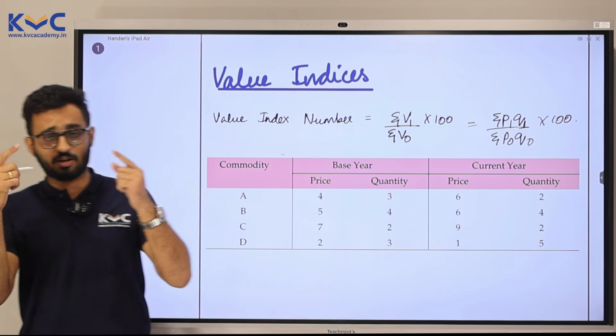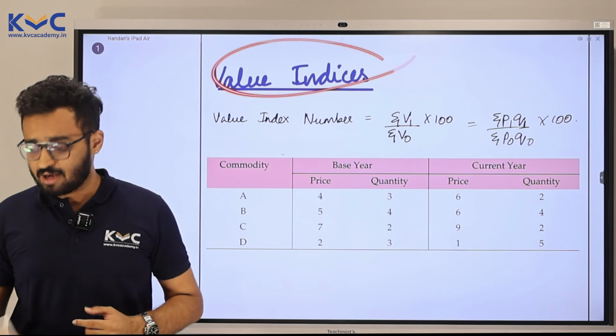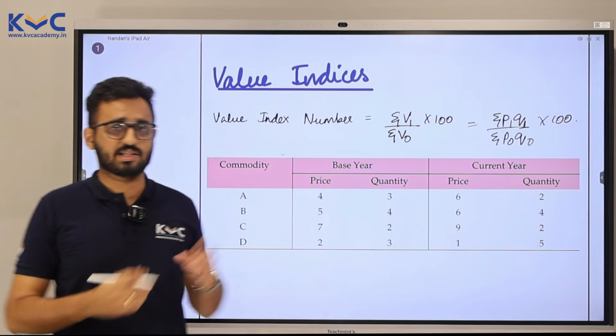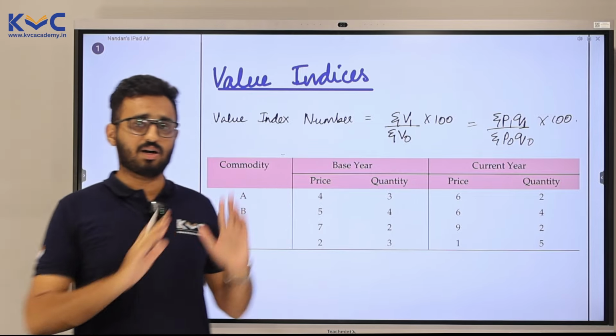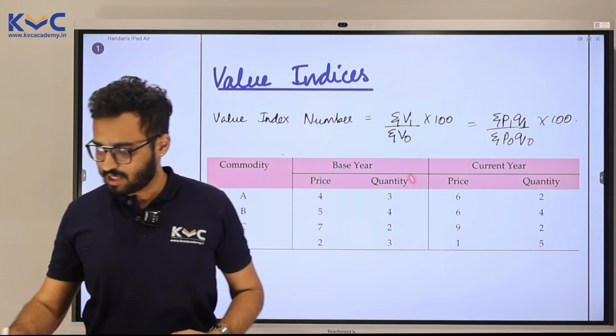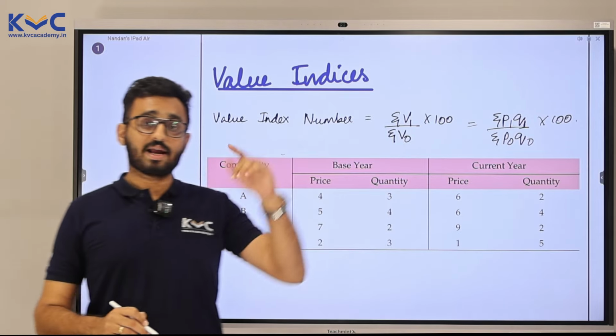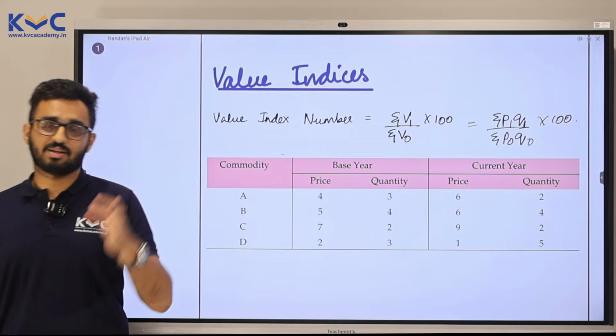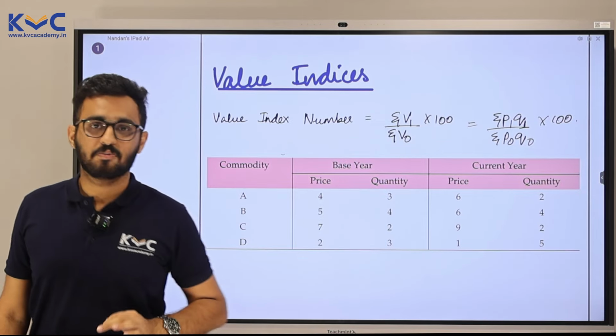For these kinds of scenarios, you will need value indices, right? If your intention is just to compare the prices, price index; just to compare quantities, quantity index. But if you want to compare the sales in the base year compared to the current year, or expenditure in the base year compared to the current year, we'll use something called value indices.